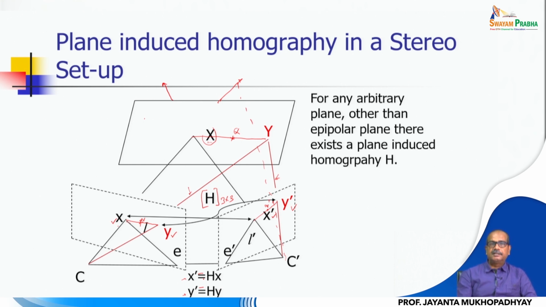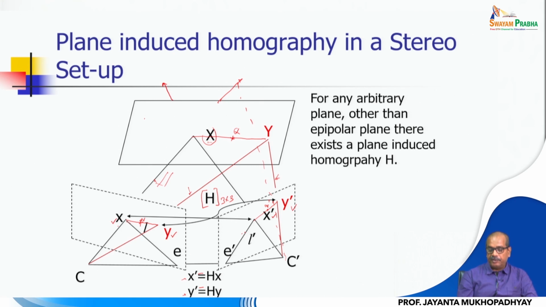To summarize this observation: if I consider any arbitrary plane except the epipolar plane, there is some ambiguity for the epipolar plane, because as I was reconstructing, for any point there is a possibility that it could be an image point. So this one-to-one correspondence property gets violated.